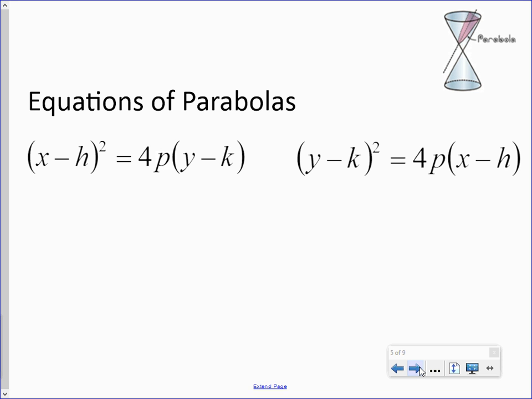One is the quantity x minus h squared equals 4p times the quantity y minus k. And the other is the quantity y minus k squared equals 4p times the quantity x minus h.